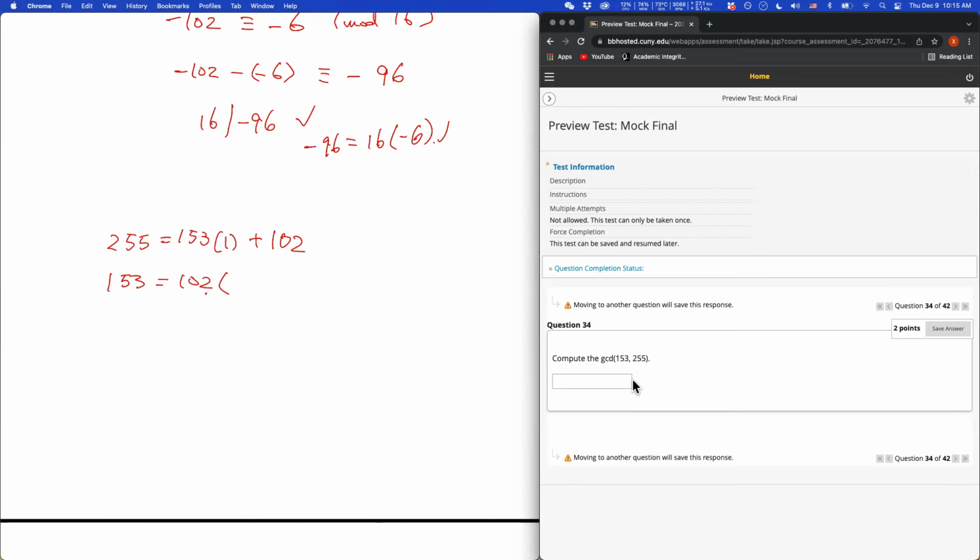And 102 will go into 153 once with a remainder of 51. And 51 will go into 102 twice with a remainder of 0. And once you hit 0, you know the GCD is 51.